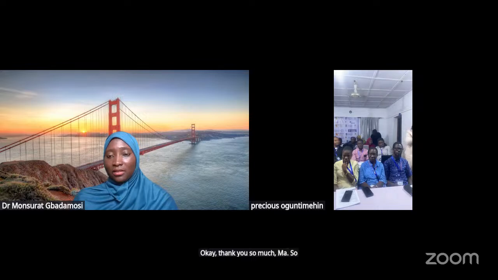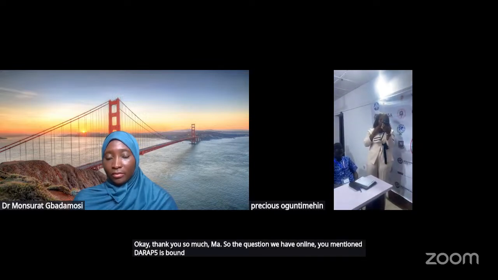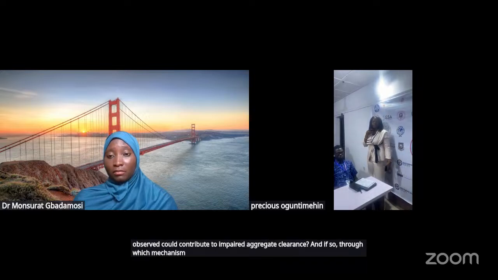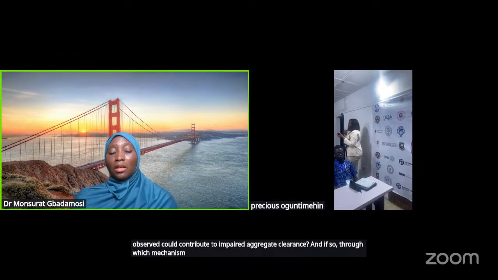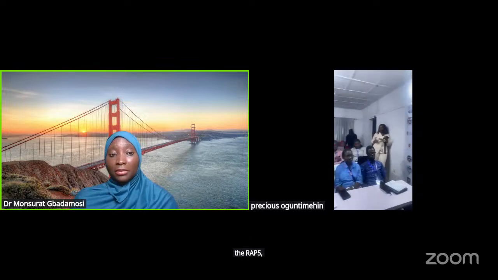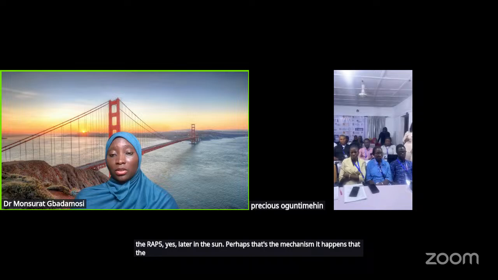So the question we have online: you mentioned that RAB5 is bound to late endosomes. Do you think the RAB5 mutant effect you observed could contribute to impaired aggregate clearance? And if so, through which mechanism? The RAB5, yes, late endosome. Perhaps that's the mechanism the questioner has talked about.